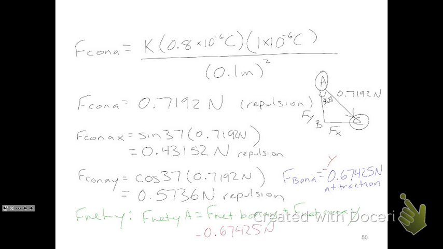So we have negative 0.67425 newtons plus 0.5736 newtons is equal to negative 0.099 newtons.